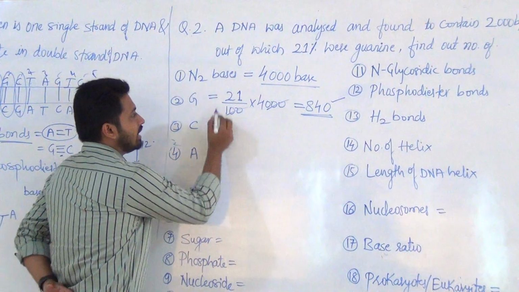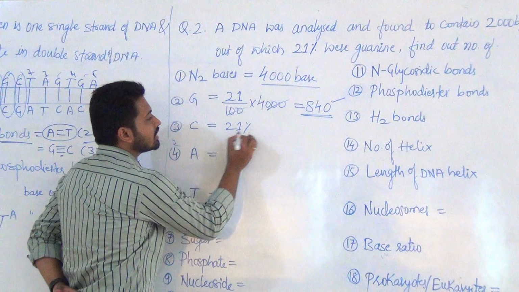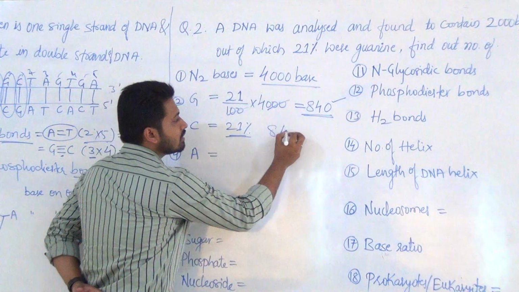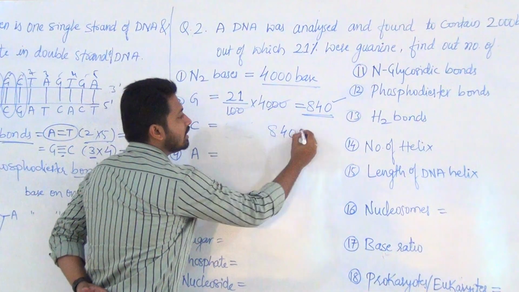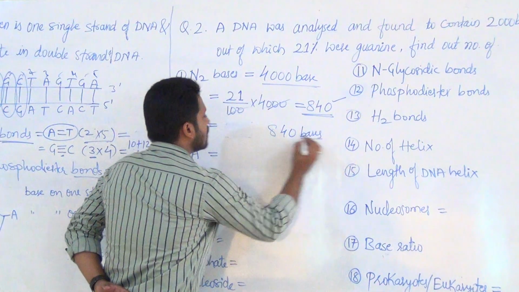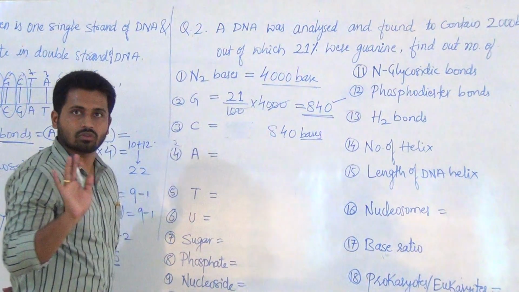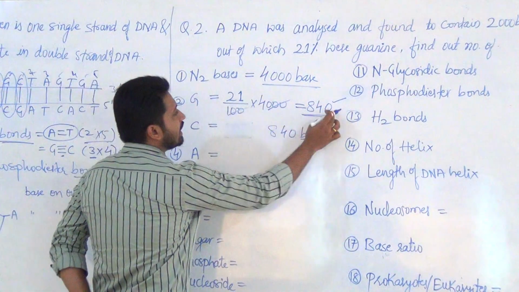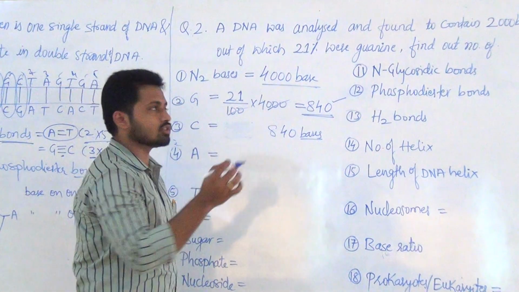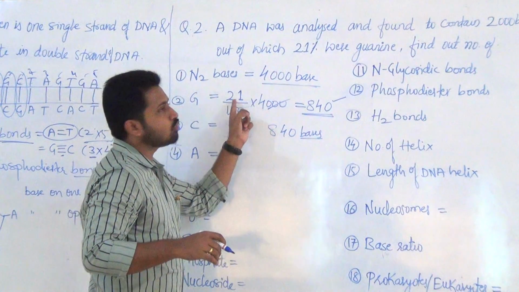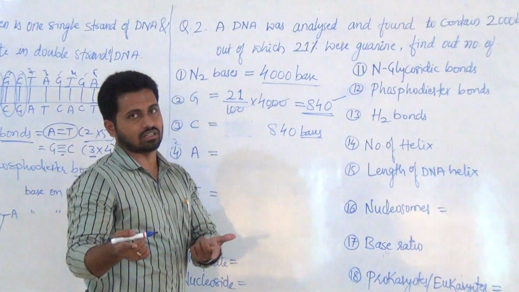That is 840 bases of cytosine, 840 bases of guanine.